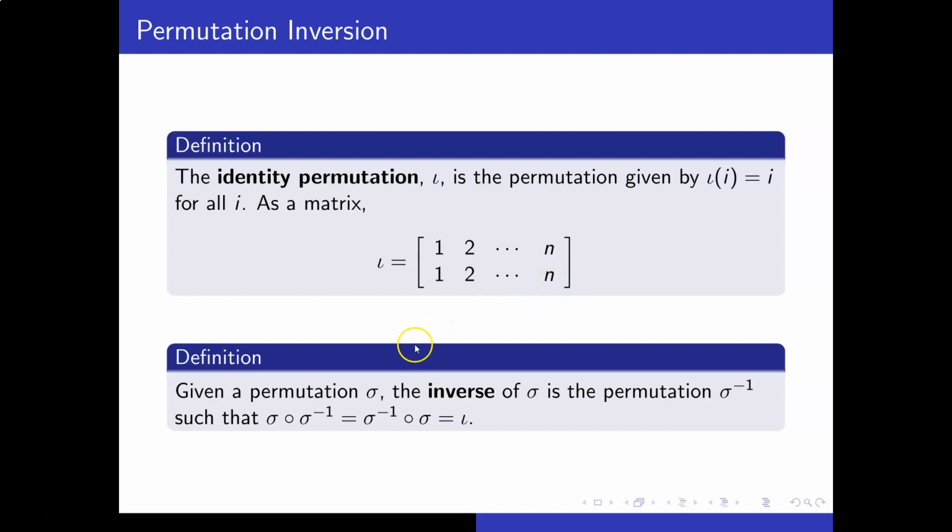Now, one of the reasons we like permutations is that they're invertible. I can undo a permutation. So, given a permutation sigma, the inverse is the mapping, we write it as sigma to the minus 1, so that when I compose them in either order, I get the identity.